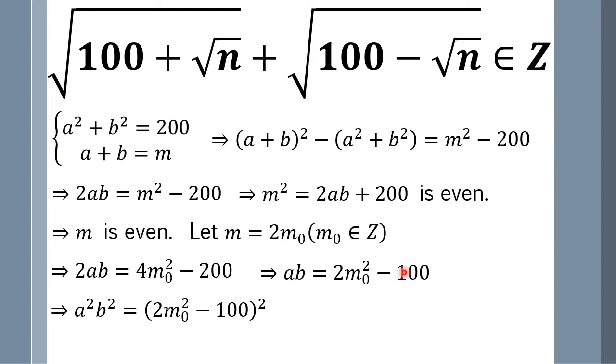On the other hand, we also know a squared b squared equals 100 squared minus n, and combining those two, we have 100 squared minus n equals (2m0 squared minus 100) squared.